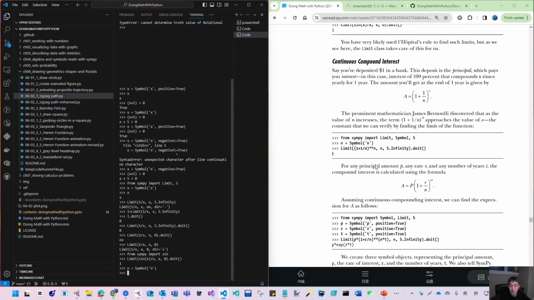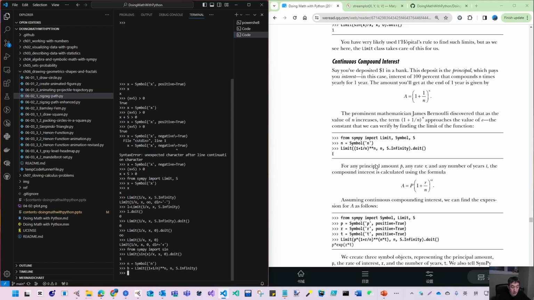And then we put in this limit. So we create this as b maybe. So b is equal to limit of this expression, 1 plus 1 divided by n, to the power n, with variable n approaching positive infinity.